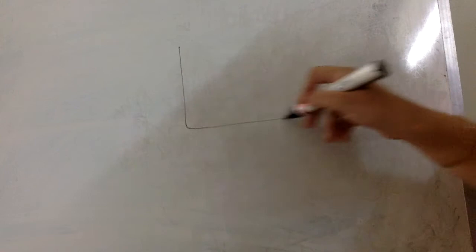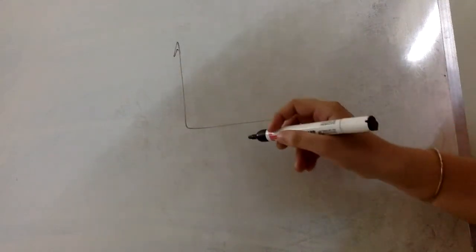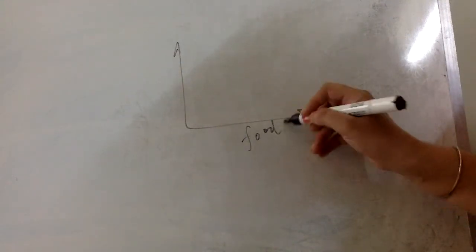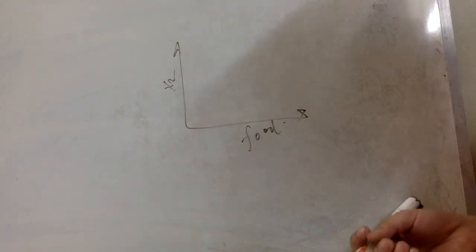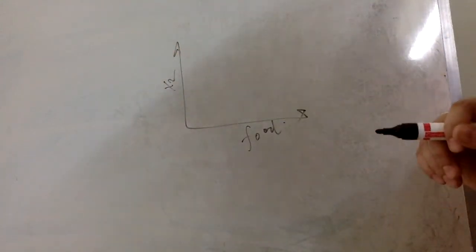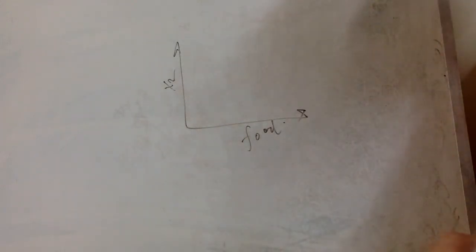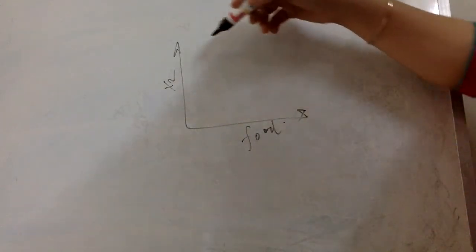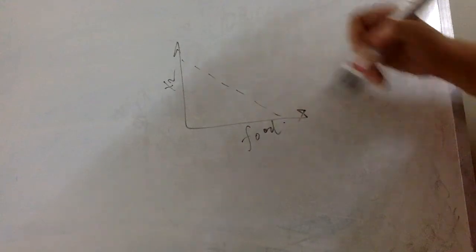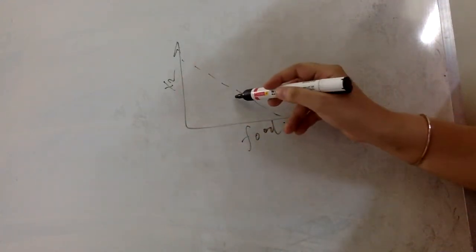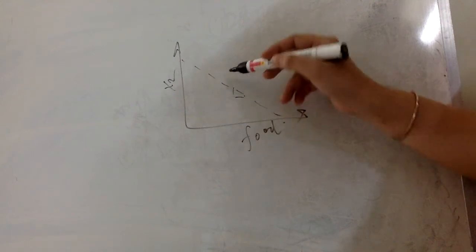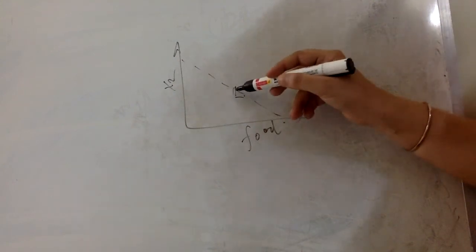I have on my x-axis some food, and x2 is a composite commodity, a set of all the other goods. There is a downward sloping budget line, which denotes that for every additional unit of x1, there are some units of x2 which have to be given up.